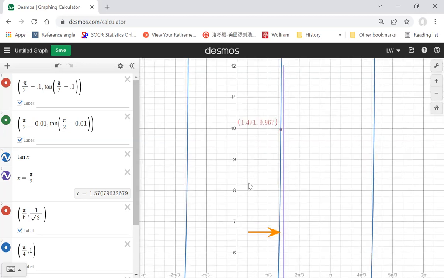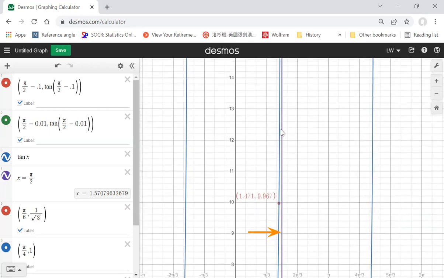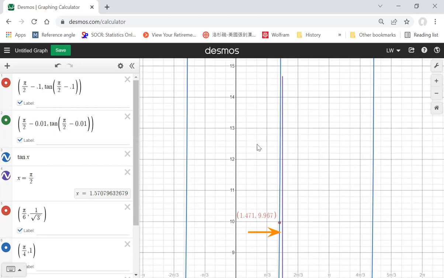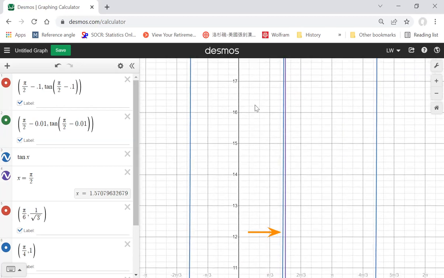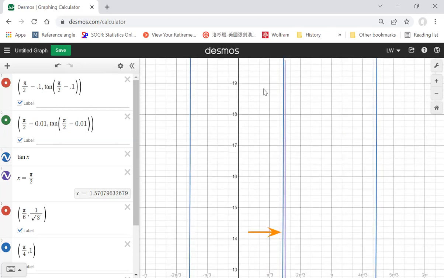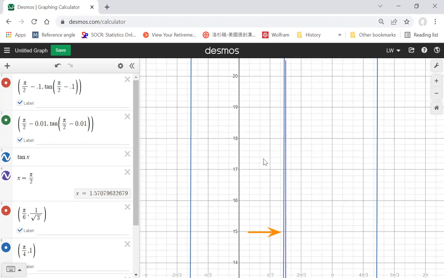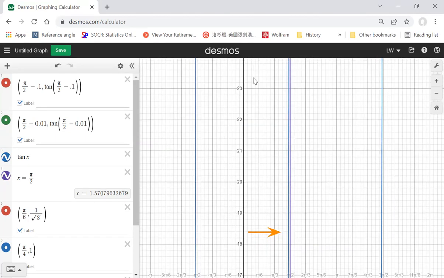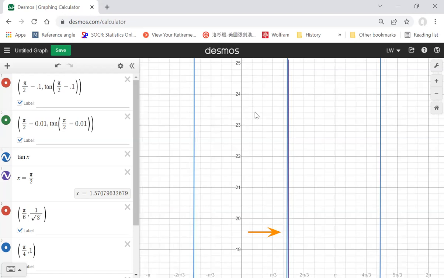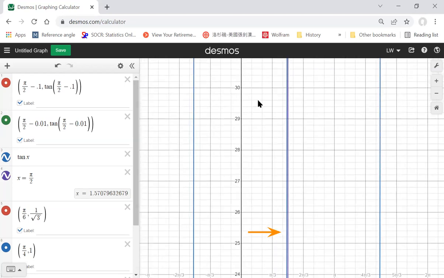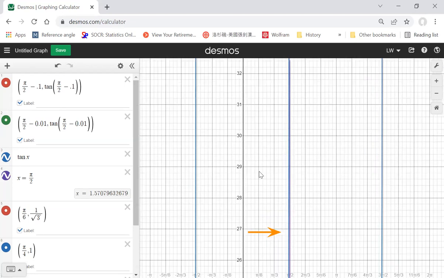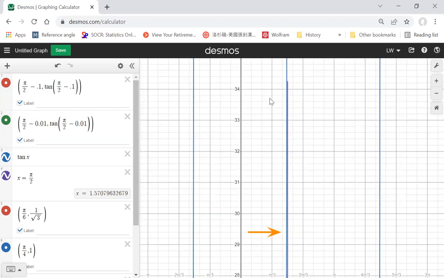And next, if we keep going, you see the blue tangent curve is getting closer and closer to the purple line, and we're still not there. We're looking for the green dot right there. Oh my God, it's getting closer and closer and so much closer.